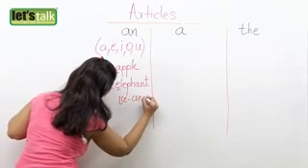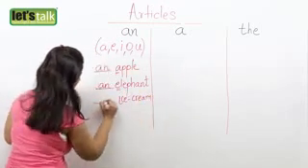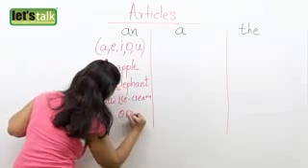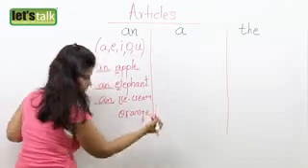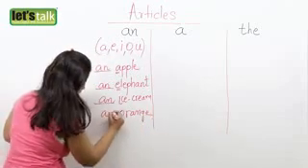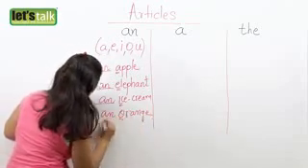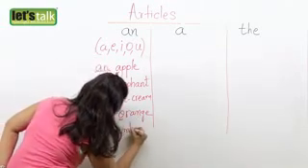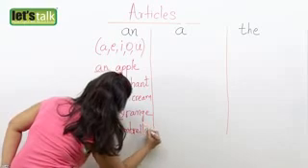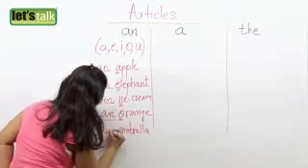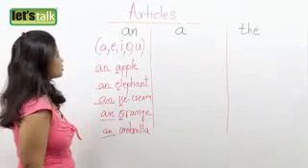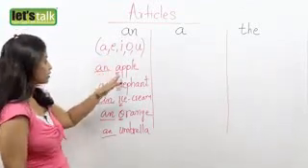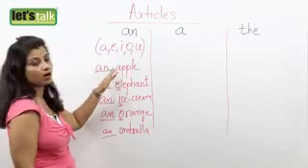Ice cream. Okay, so an ice cream. Orange. Again, an orange. And the last one is umbrella. Okay, again, it's an umbrella. So we have learned that we have to use the article an before the word beginning with a vowel.